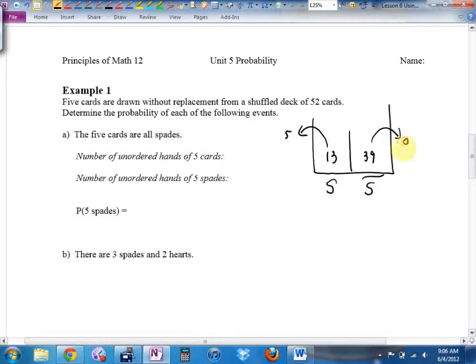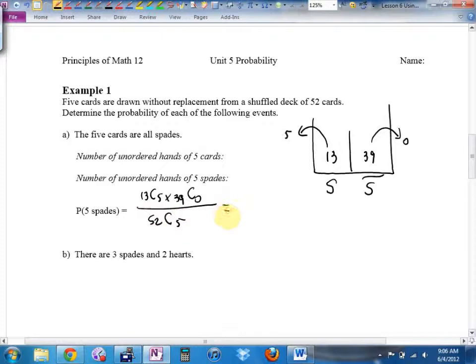Now, if I just wanted to know how many, it would be 13 choose 5 times 39 choose 0. But I want to figure out the odds, so I have to take how many successes divided by the total number of outcomes. It's going to be 13 choose 5 and 39 choose 0, divided by, from 52 cards, choose 5 of them.